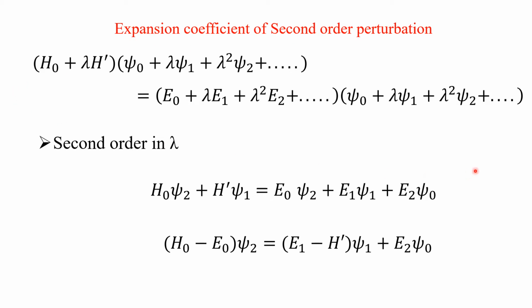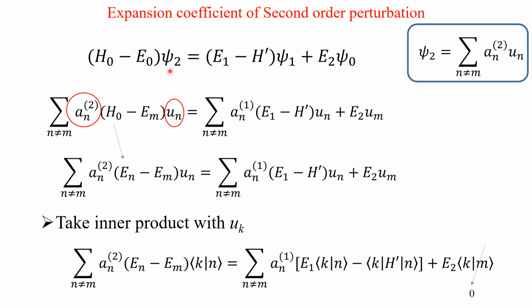At the beginning of my lecture, by comparing the second order in lambda on both the left hand side and right hand side, we got this expression: (H naught minus E naught) psi 2 is equal to (E1 minus H prime) psi 1 plus E2 psi naught. Now we will see what happens if we take the expansion of psi 2 and psi 1. We got this expression by comparing the coefficient of lambda squared.